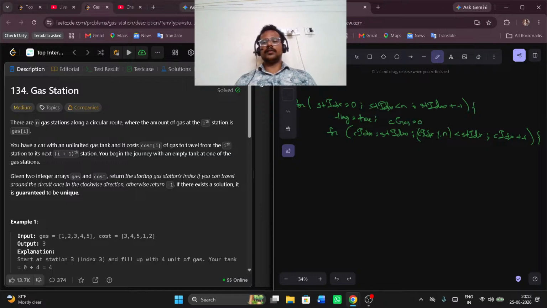So current gas plus is equal to gas of current index, and current gas minus is equal to cost of current index. Now if the current gas is less than 0, then flag will become false.